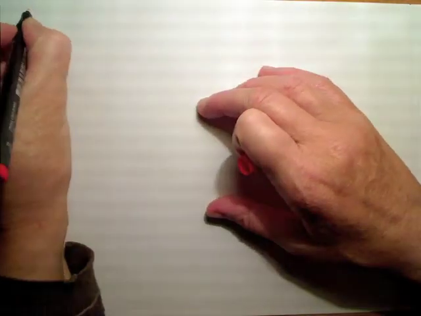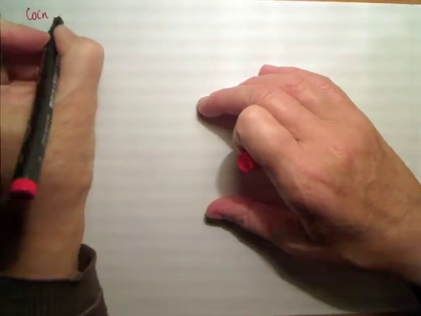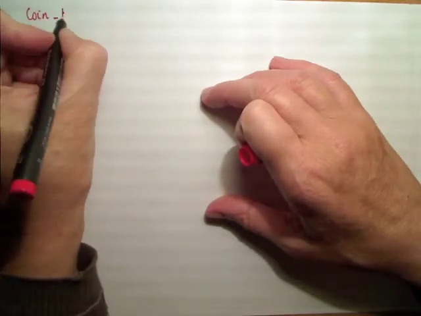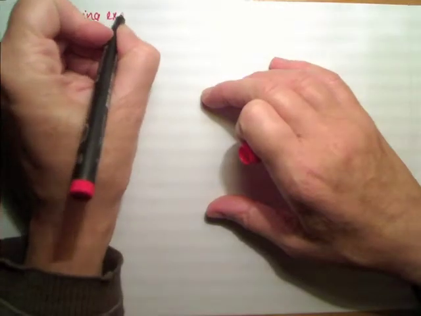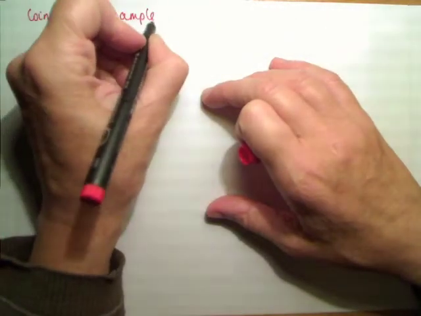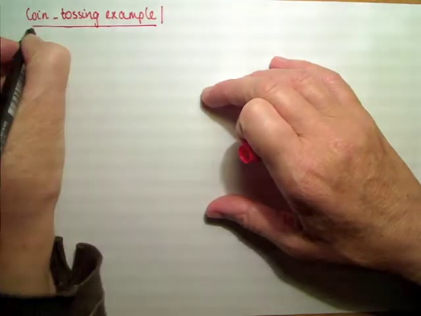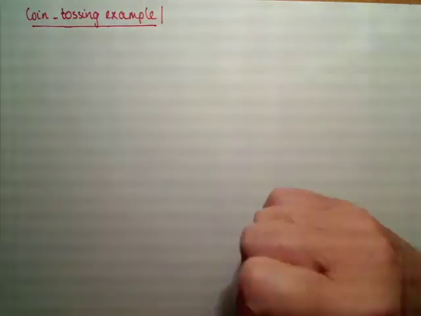So we can now really finish our coin tossing example by determining the maximum likelihood. So where were we?